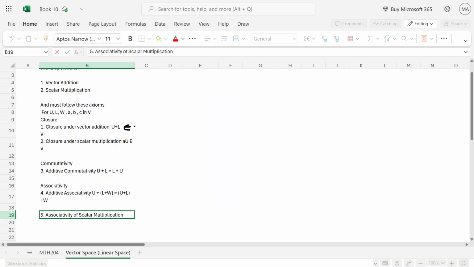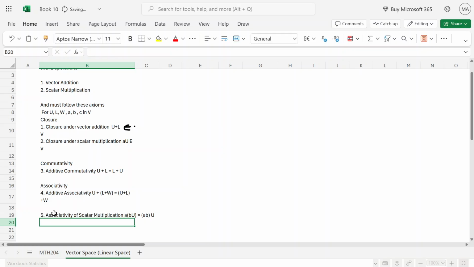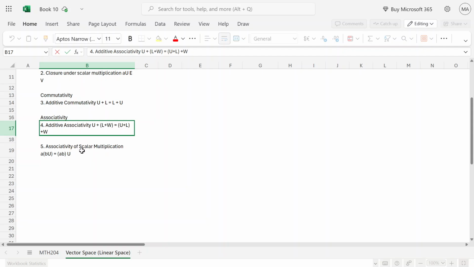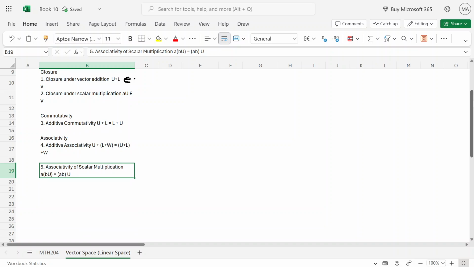Now, what this one is saying is, a times b times a vector must be equal to a times b, you put them in brackets first, ab times that vector. That's what it's saying. So this is associativity for vector addition, and this is associativity for scalar multiplication. You see, now we have 5.